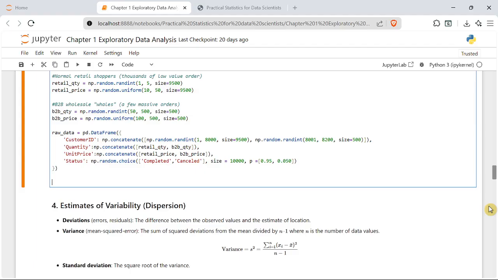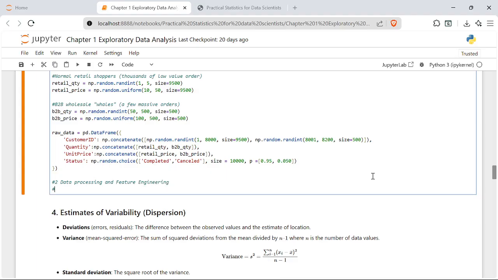Now let's start with data processing and feature engineering. So we have now created our data set. Now let's move to the next step, data processing and feature engineering.